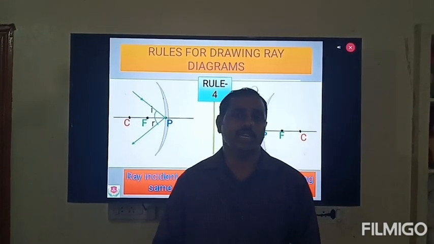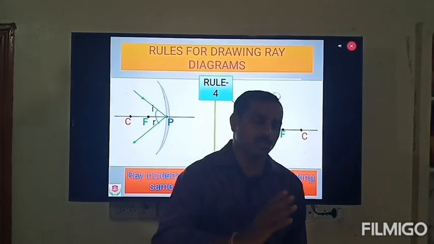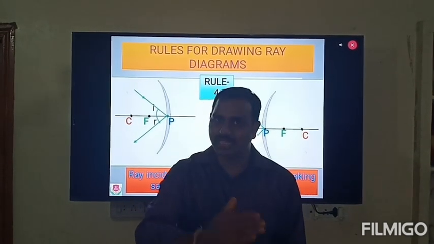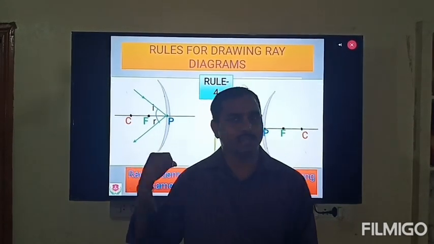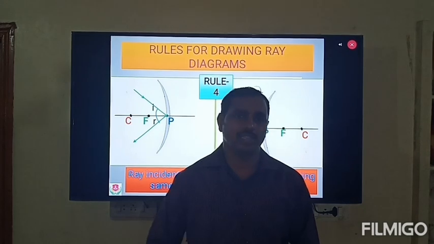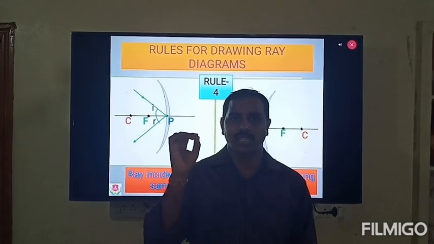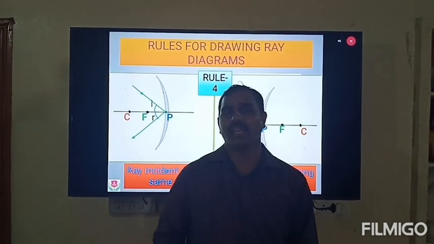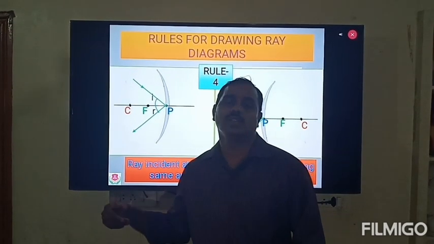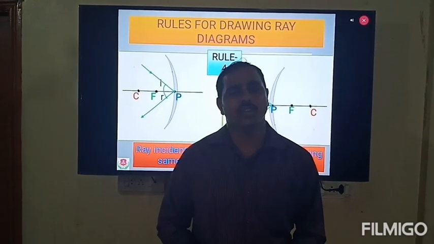In rule 3, the ray which is passing through the center of curvature traces the same path in the backward direction. The last one, rule 4, says a ray which is falling upon the pole makes the same angle with the principal axis and moves to the other side of the principal axis.